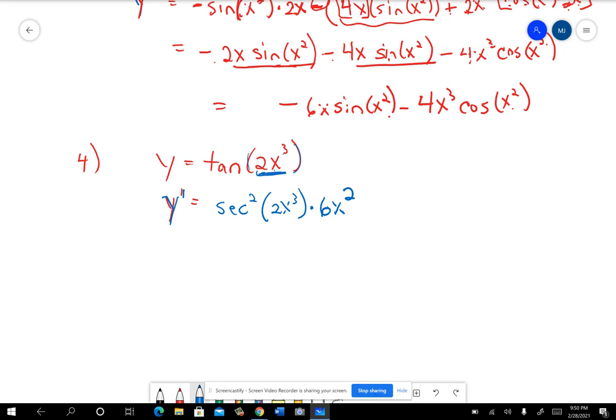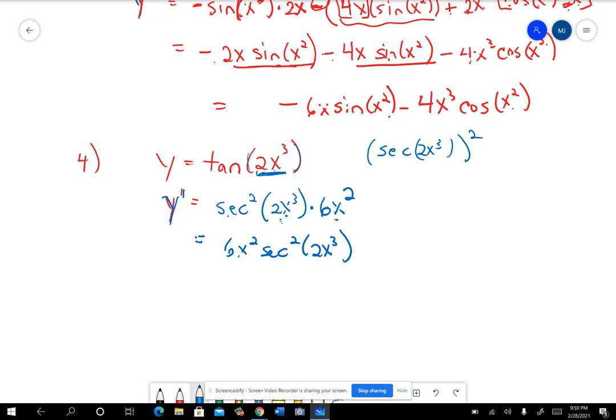Be careful, the 6x squared can't be multiplied in, because that's secant of 2x to the third, all being raised to the second power. This is function notation, so you have to watch that. So the 6x squared would be out in front, times secant squared of 2x to the third power.